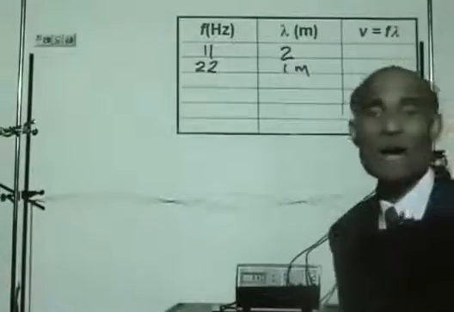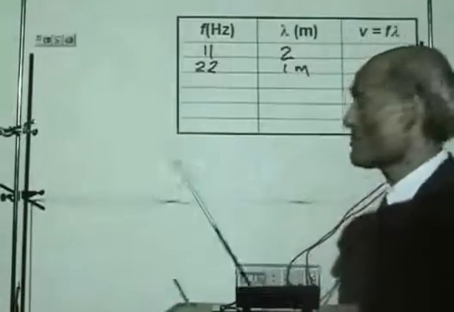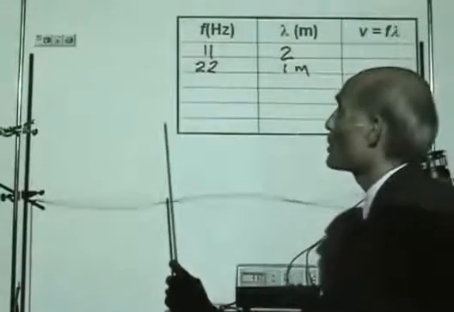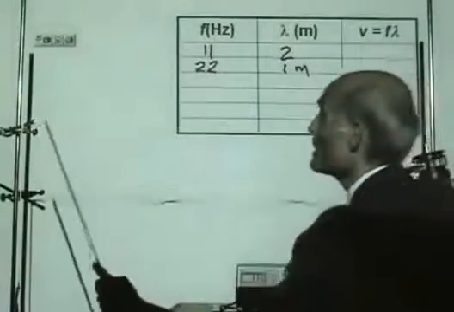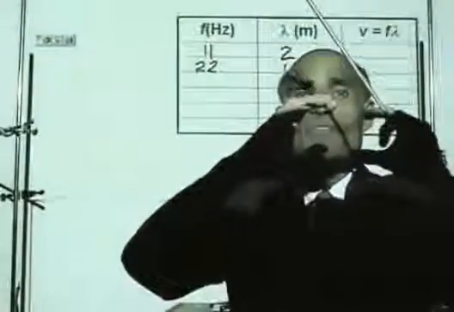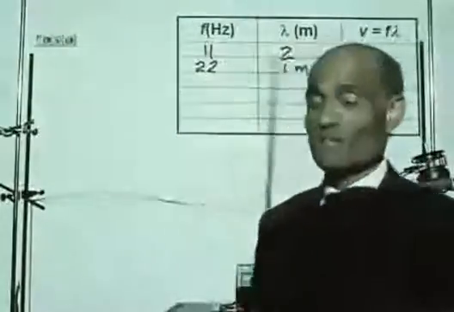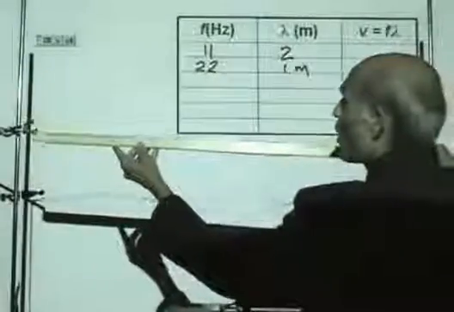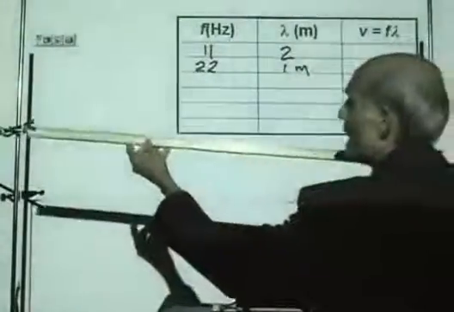Now tell me, how do I measure the wavelength of this wave? Now remember, wavelength contains a full crest and a full trough. So this is a full wave. In other words, a full wave contains 2 full loops. So all I need to do is measure the length up to here. Let's do that.